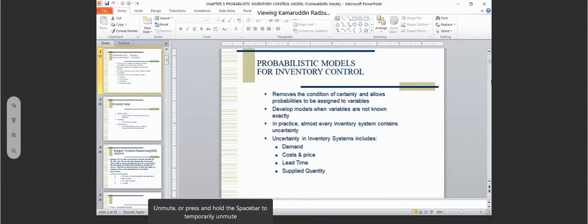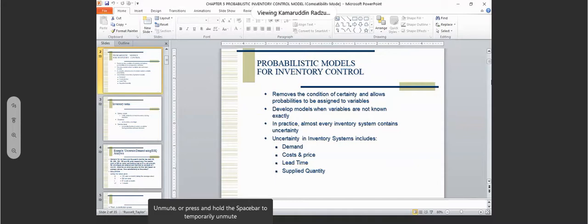Next topic or chapter in inventory management: the probabilistic model for inventory control. Previously, we have discussed the basic assumptions in inventory management, with the example of economic order quantity.